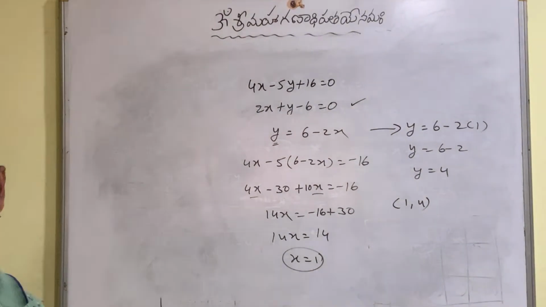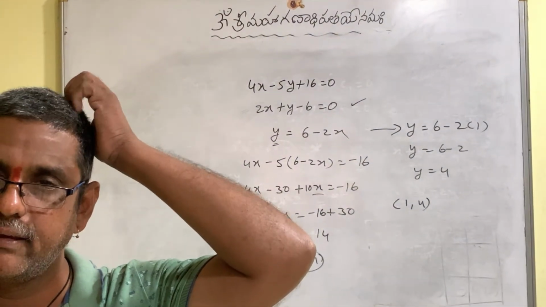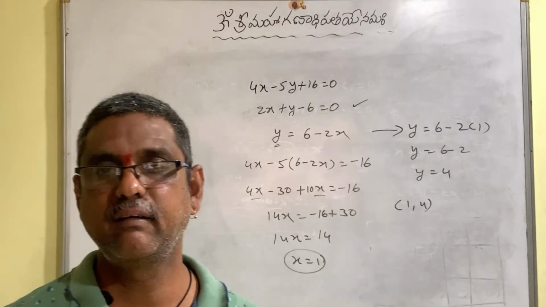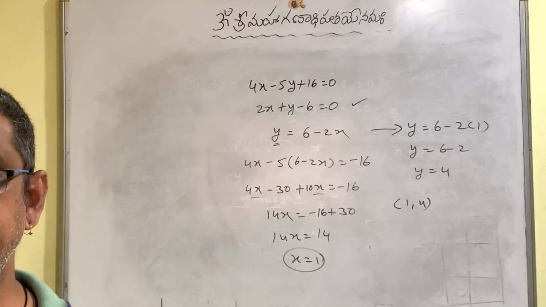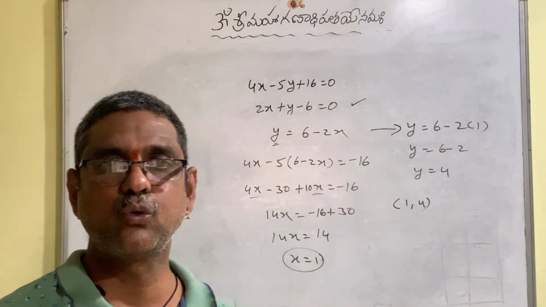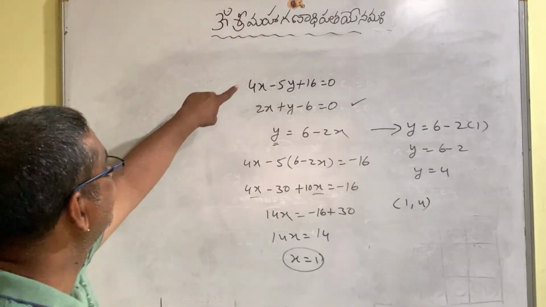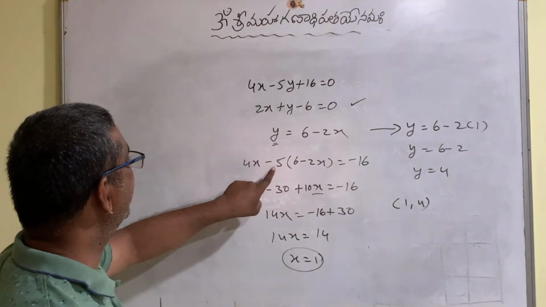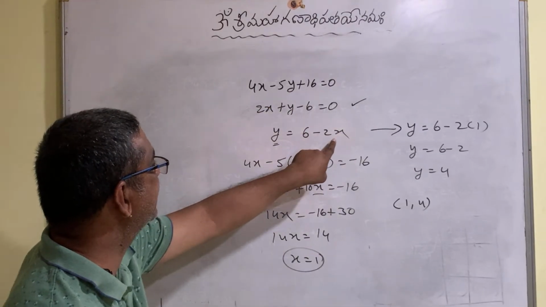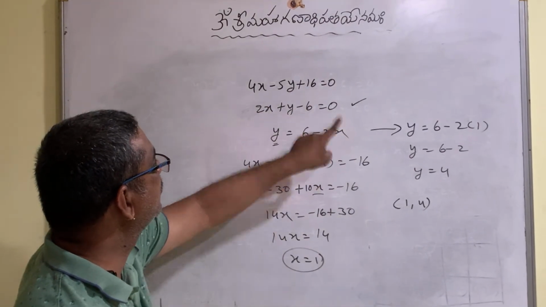Same, we are replacing y in the first equation with 6 minus 2x. We are replacing variable y with 6 minus 2x in the first equation. 4x minus 5y, in the place of y we are writing 6 minus 2x, is equal to negative 16.